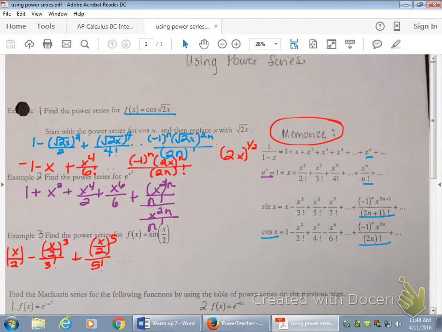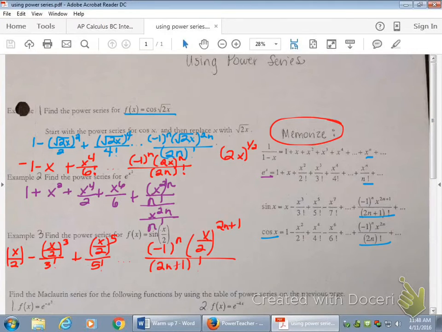And then we plug that into the formula for sine, so we have negative 1 to the n, x over 2 to the 2n plus 1 over 2n plus 1 factorial.